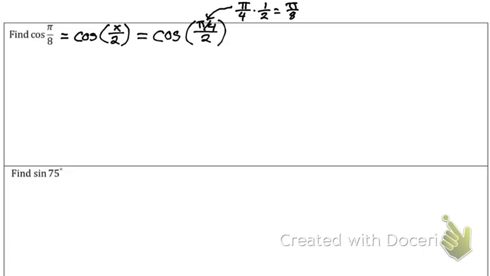So, for example, let's say I have pi over 7, and I need to rewrite it as something over 2. I need to half this. Oh, okay. So it would be pi over 3.5.